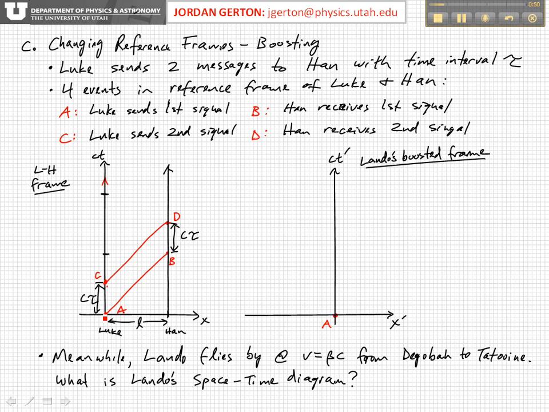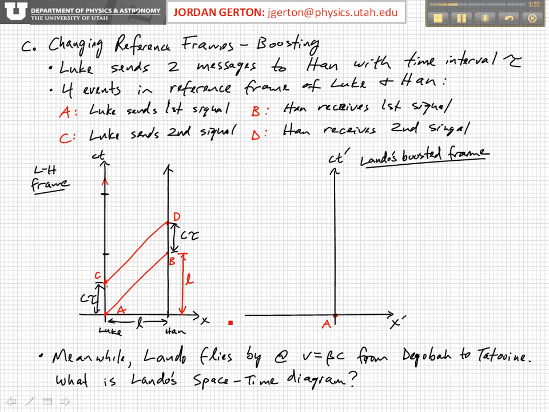And since the signal is a light signal, it travels with a slope of 45 degrees in this space-time diagram, as I've shown, and it arrives at Han at CT equals L. And a time tau later, event C happens at coordinate C tau, and then another light signal propagates to Han, and so both of them measure the same time interval. C tau is in the same reference frame.